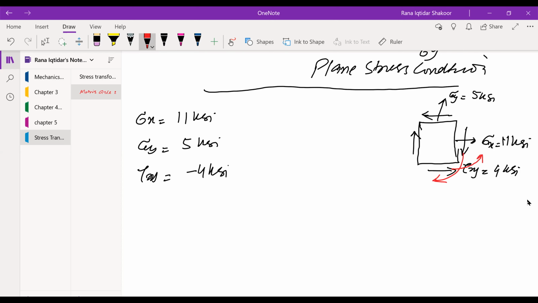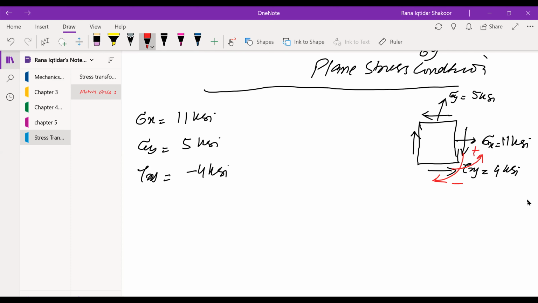This is counterclockwise. The effect of this shear is counterclockwise, the effect of this shear is clockwise. So whenever the effect is clockwise, you take it negative, and whenever the effect is counterclockwise, you always take it positive, right? So tau xy is minus 4 ksi over here, right? And this tau xy will be positive. We will utilize this somewhere else as well, right?